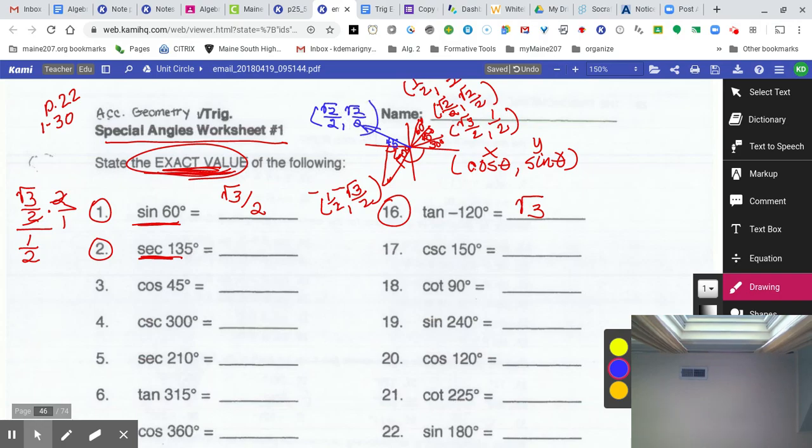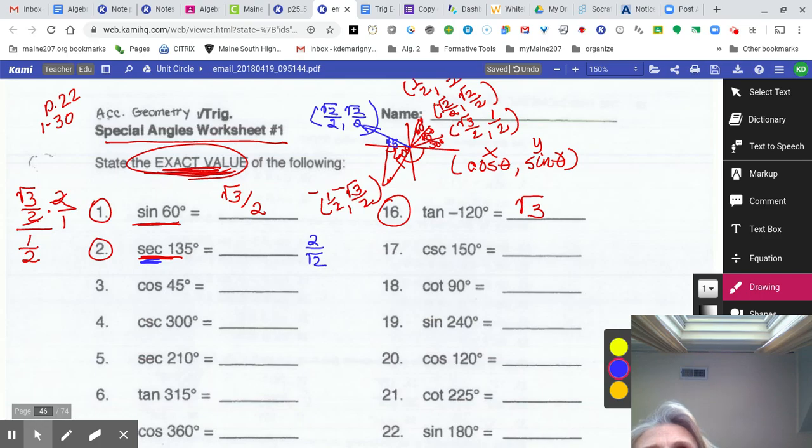And I like those. So if I'm looking for a secant, remember that the secant is the inverse of the cosine, which in this case you couldn't mess up anyway. The cosine is root 2 over 2, so the secant is its reciprocal, 2 over root 2.